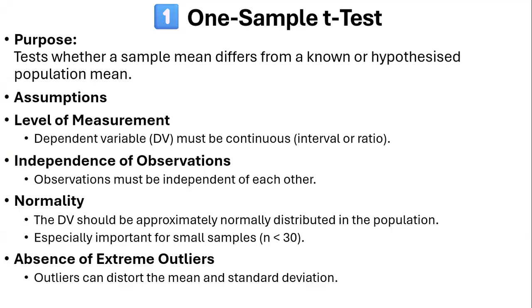Now, we normally use one sample t-test whenever an attempt is made to compare a sample mean to a known or a hypothesized population mean. An example could be a situation where we are comparing the average salary of students in this class to the average salary that has been presented by Ghana Statistical Service.